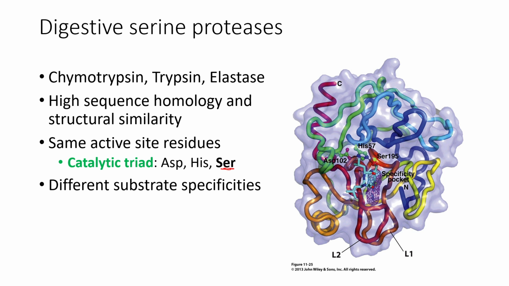What makes them different are their different substrate specificities. These different substrate specificities are due a lot to this specificity pocket, which is shown over here in this diagram on the right, right next to this catalytic triad, which we have over here. This serine protease is being shown here with a molecule right in that active site, interacting with that catalytic triad and also being selected for by that specificity pocket.